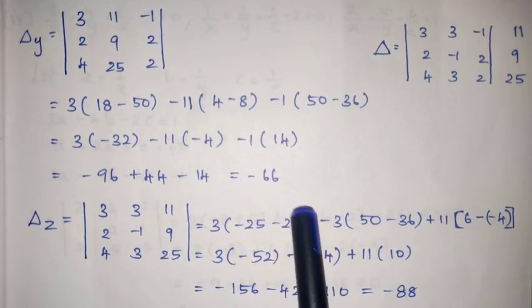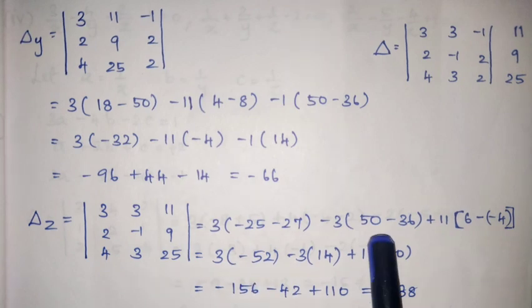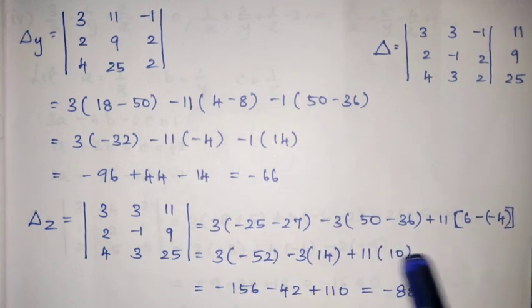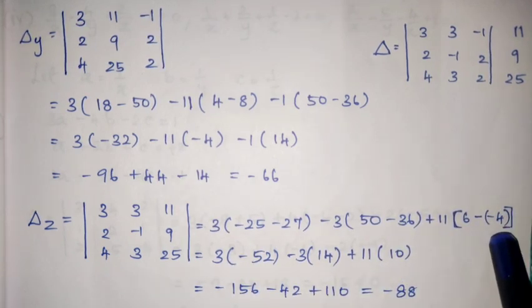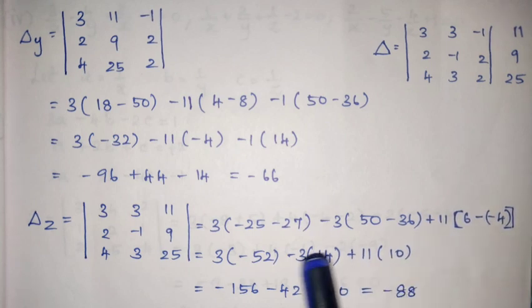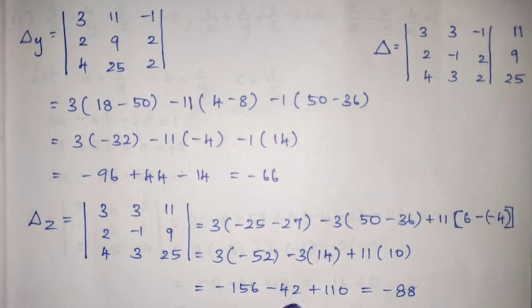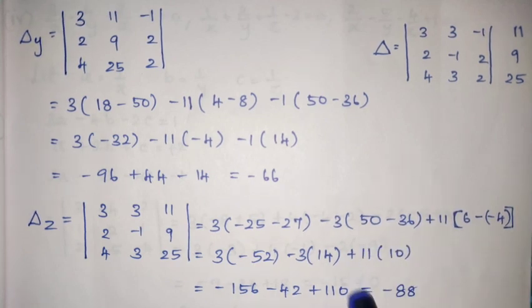So adding these two, which is minus 52, and 50 minus 36 is 14, 6 minus of minus 4, that is 6 plus 4 is 10. So 3 into minus 52 is minus 156, minus 3 into 14 is minus 42, plus 11 into 10 is 110. Altogether we have got minus 88.